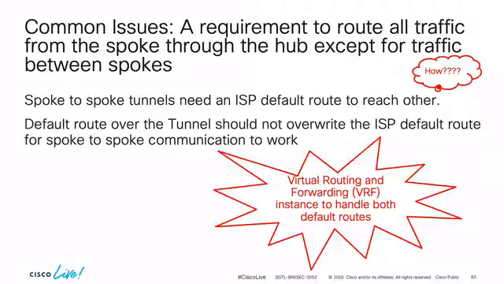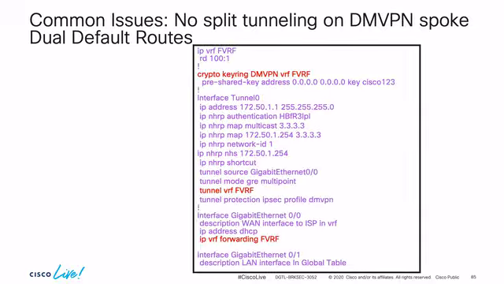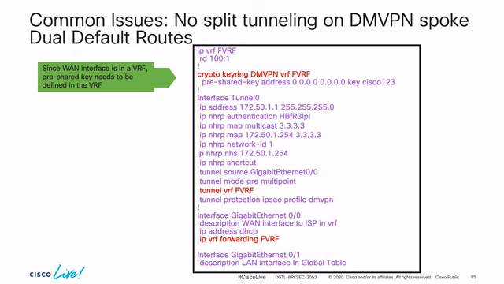So let's take a look at how we actually configure VRFs in a DMVPN setup. We have the WAN interface in a VRF. If we look at interface gig 0/0, we see that it is in a VRF called FVRF.